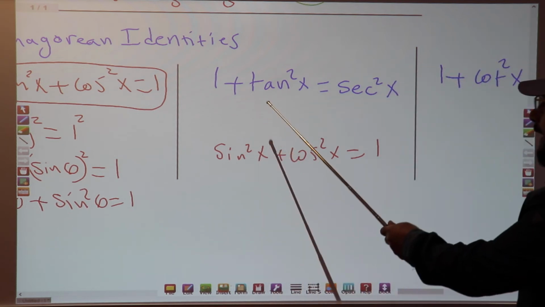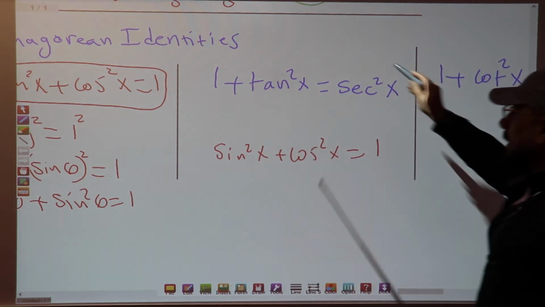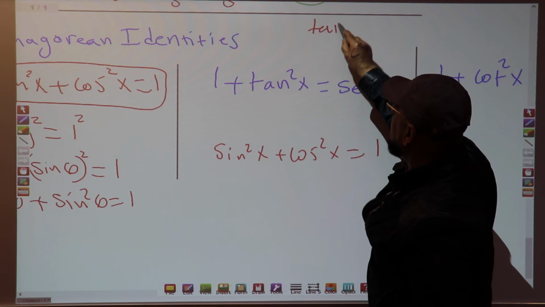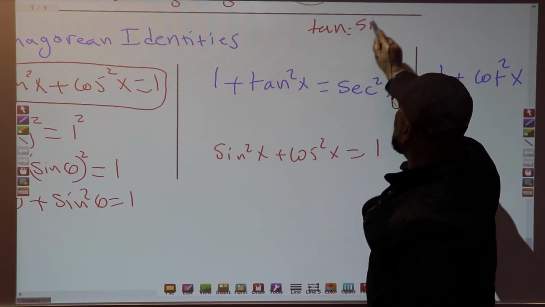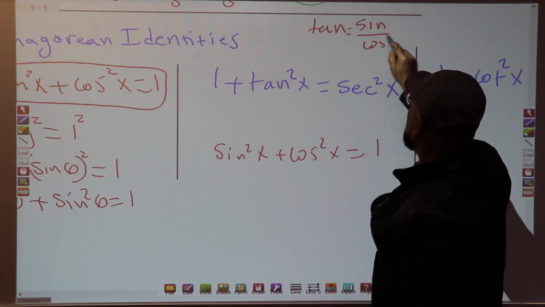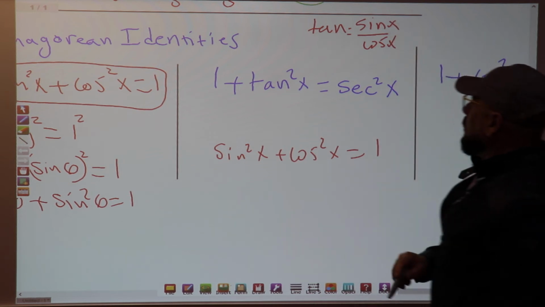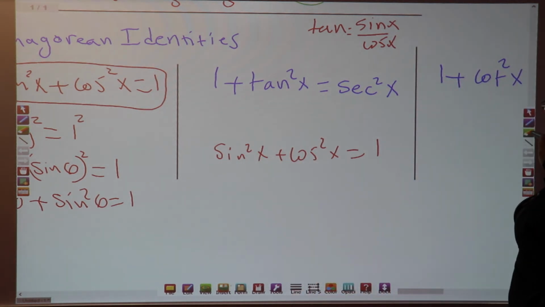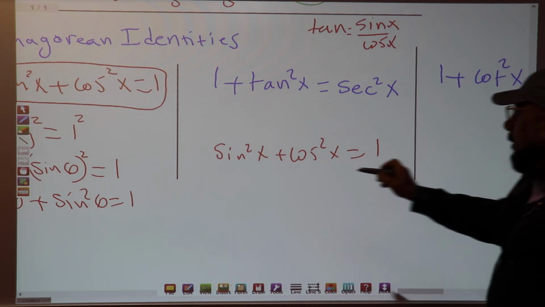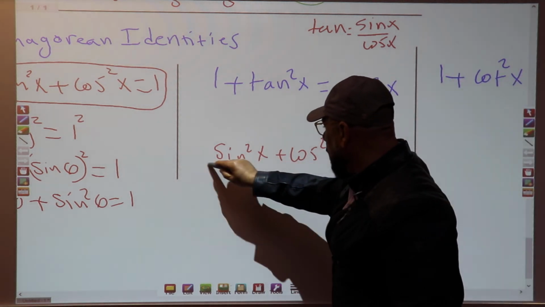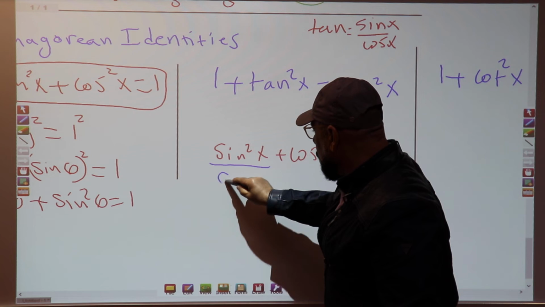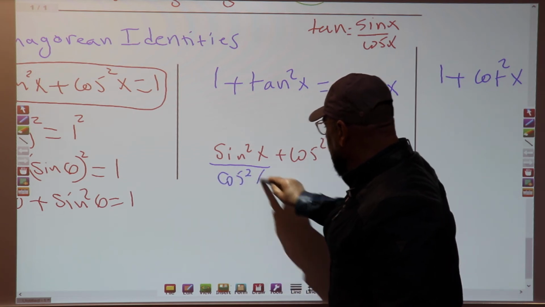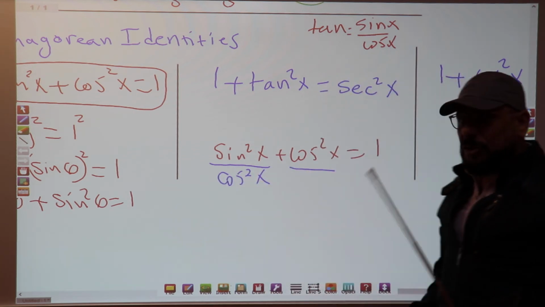We get the tan when we remember tan equals what? Sine over cosine. Let us divide each one by cosine square x. If you divide one, you have to be fair.